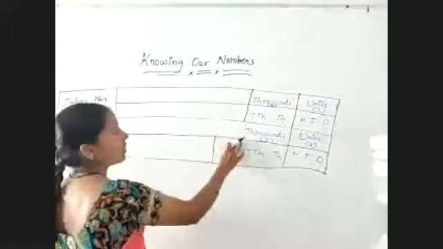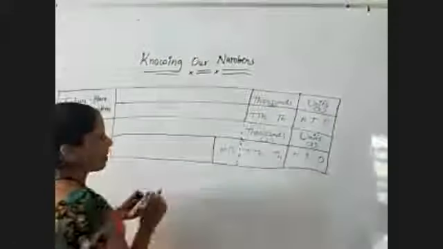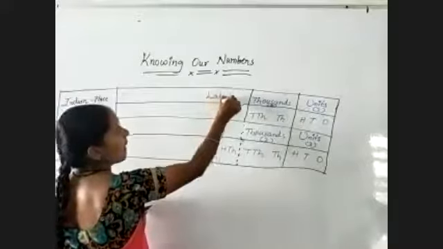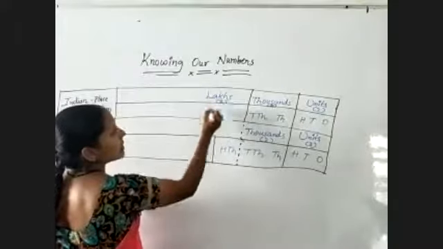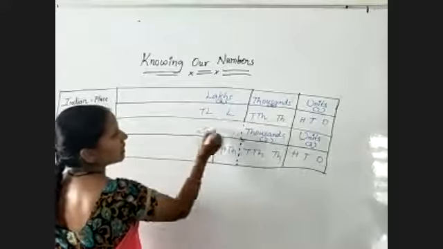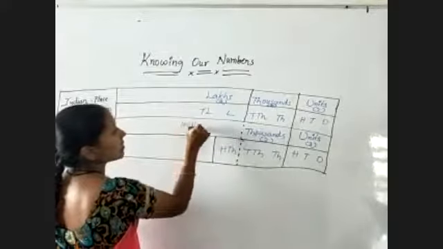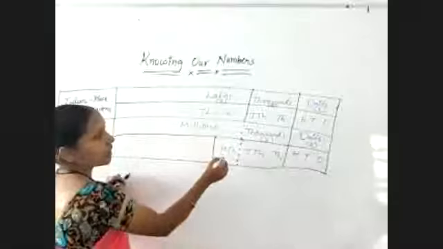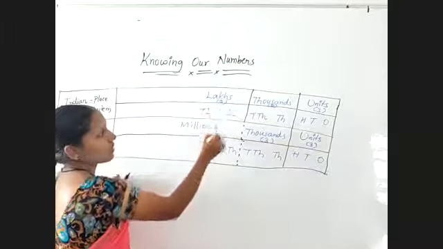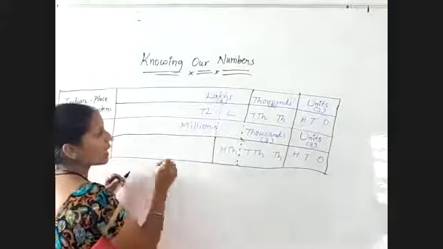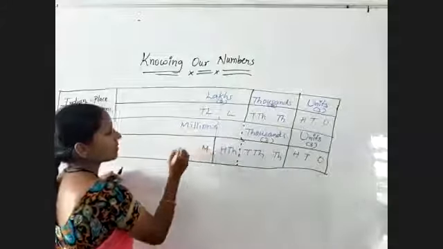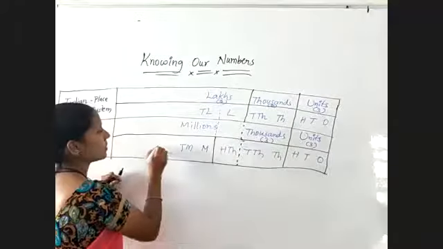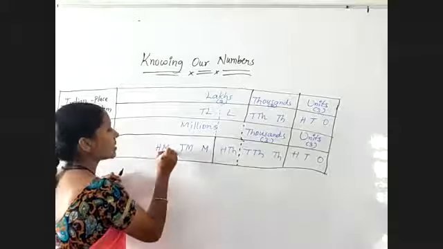Next, the third one: lakhs has 2 places, lakhs and 10 lakhs. In the international system, lakhs corresponds to 100,000 and 10 lakhs corresponds to millions. The millions period has 3 places: million, 10 million, 100 million.